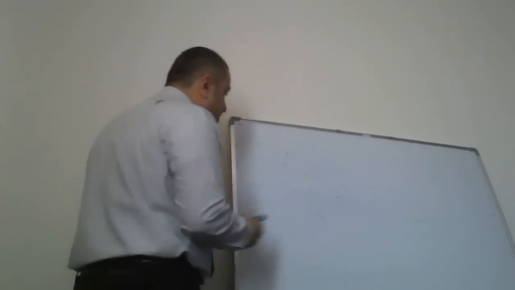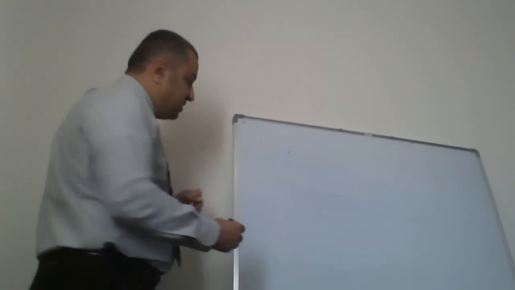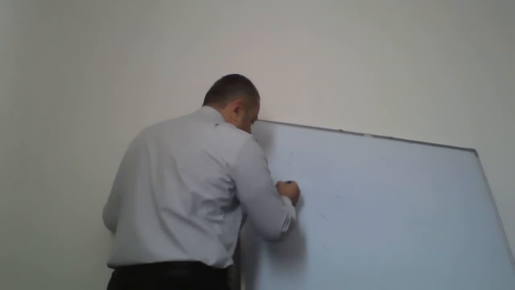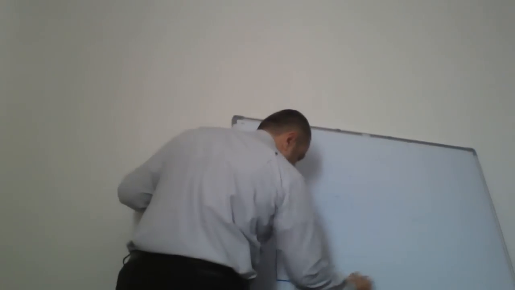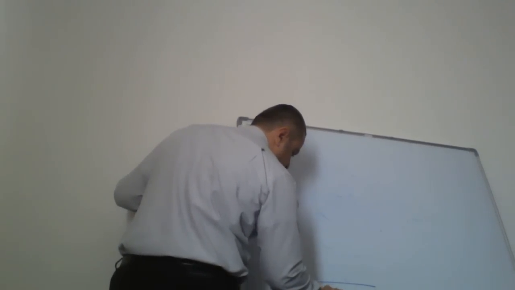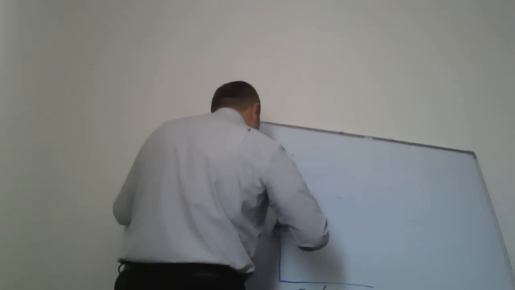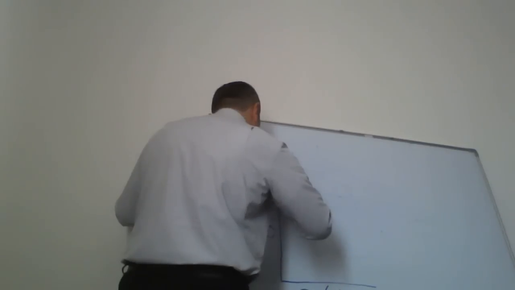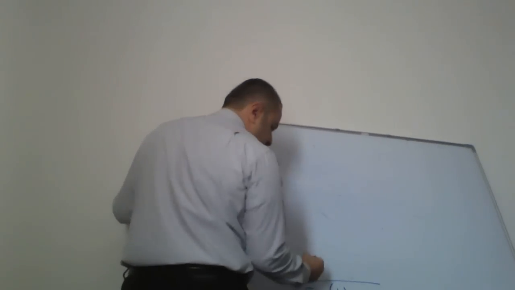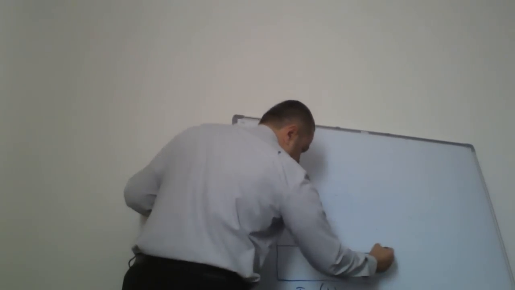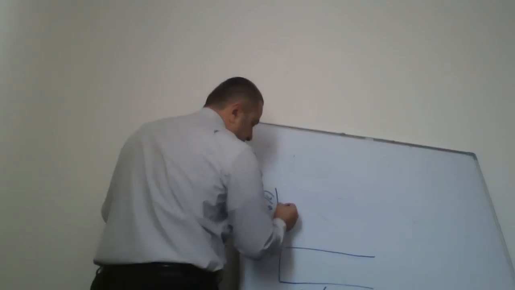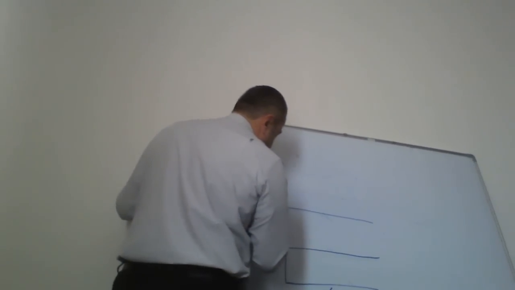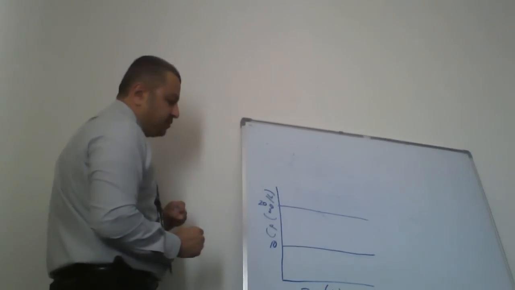Now, which equation do I use? Since this is during infusion, imagine this is time in hour, and this is your concentration, let's say milligram per liter, and let's say this is your 10 level, and this is your 20 level, okay?